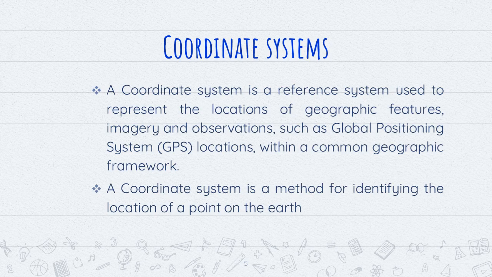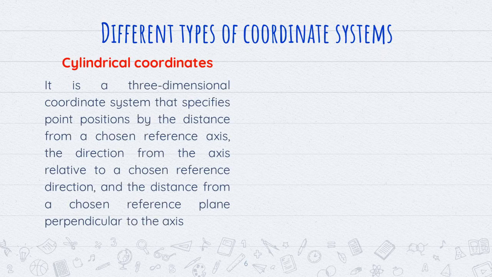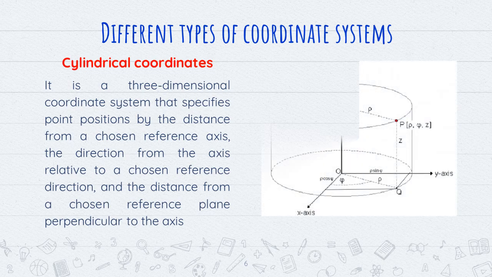As I discussed already, a coordinate system is a method for identifying the location of a point. The different types are the Cartesian, cylindrical and spherical coordinate systems. Now let me discuss the cylindrical coordinate system.